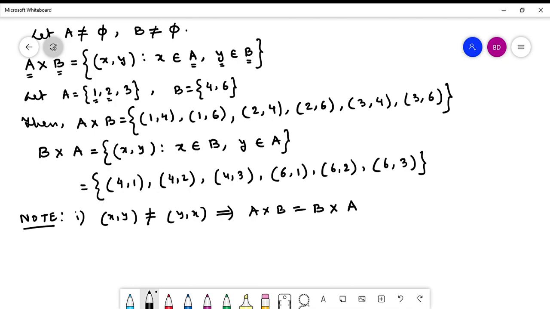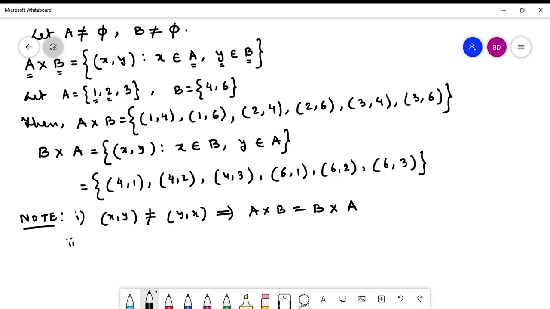As you can see that inside A cross B and B cross A, the elements are all different. (1, 4) is not the same as (4, 1). So the first thing that we notice, Cartesian product is not commutative. They are not equal.